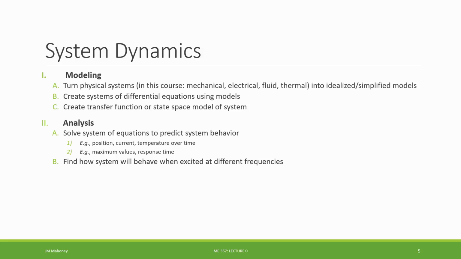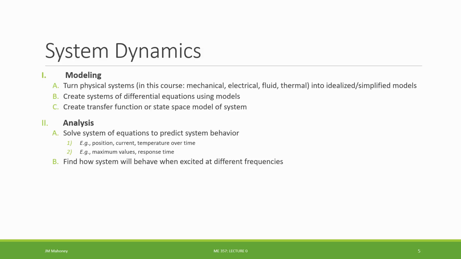Is it going to be above some threshold or below a threshold that we might have for that system? What's the response time? So once we put an input into our system, how long is it going to take before it returns to its starting position? And again, through prediction, we might look at that value and say, oh, that's going to take too long, or yes, that response time is fast enough for what we want to accomplish.